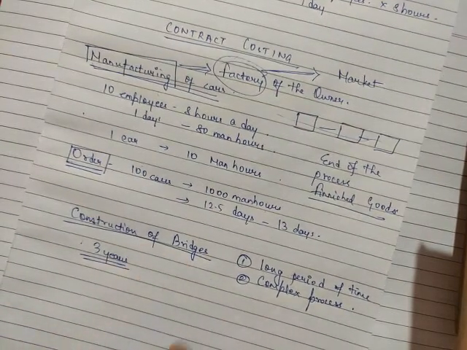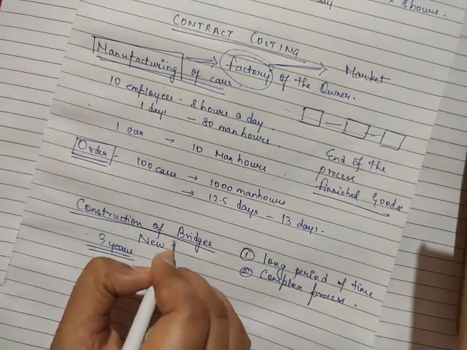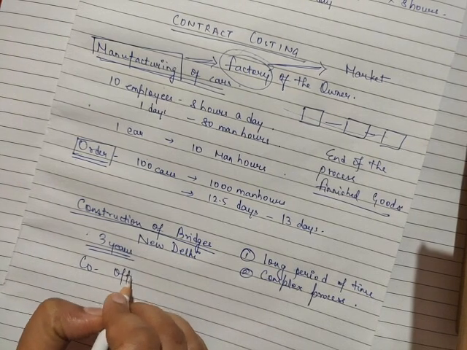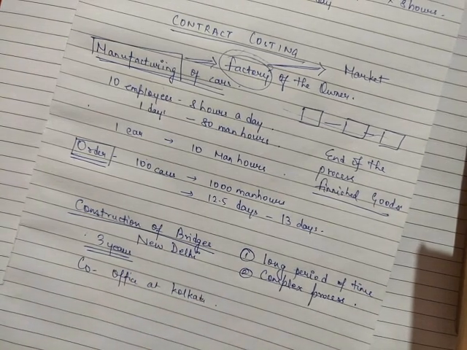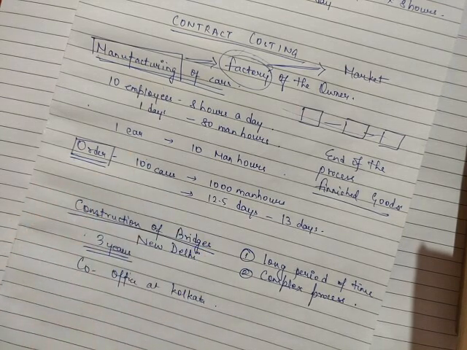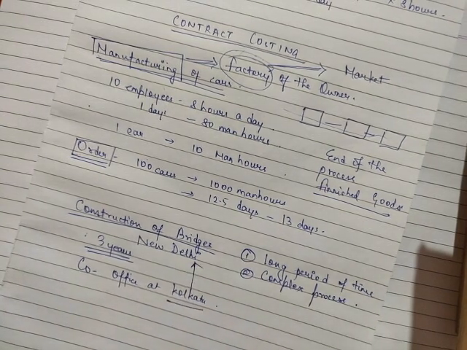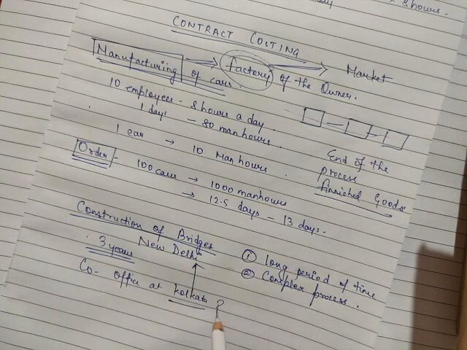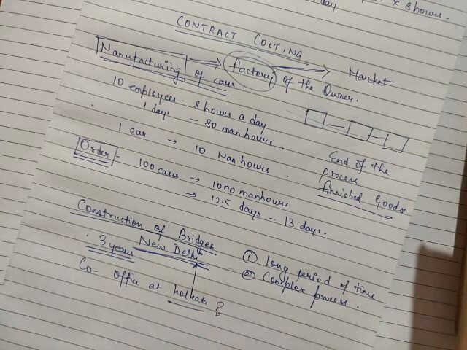But is it possible that, say, you have to construct a bridge in New Delhi and the company has an office at, say, Kolkata? Then, had it been the manufacturing of cars, then the company could have manufactured it in Kolkata and then transported it to Delhi. But can you construct a bridge in Kolkata and then shift the structure to New Delhi? Obviously not.